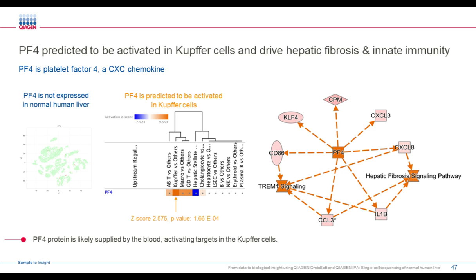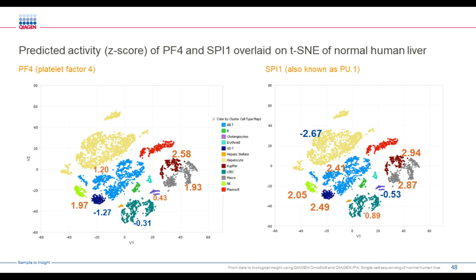Well, TREM1 is in orange, and hepatic fibrosis signaling is predicted to be activated as well. So we know that the PF4 factor, which is predicted to be activated in Kupffer cells, can drive hepatic fibrosis and launch some part of the innate immunity through TREM1 as well. So you can associate lack of expression, prediction of activation of a particular factor, and a set of canonical pathways via a set of genes connected.